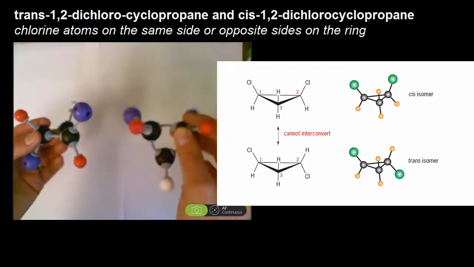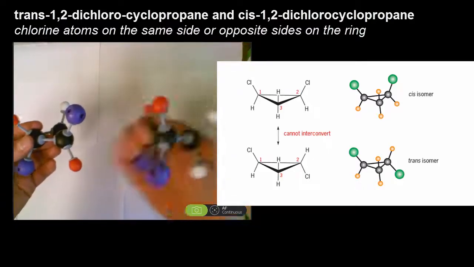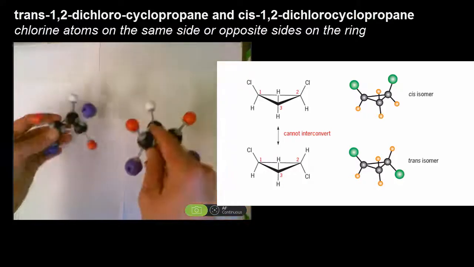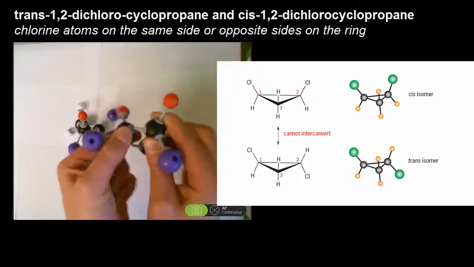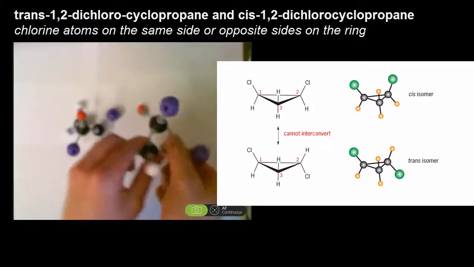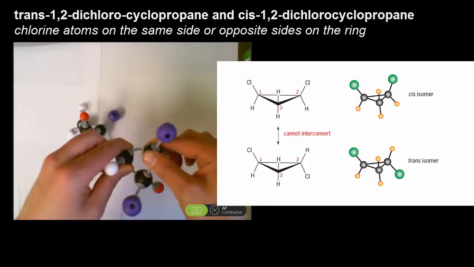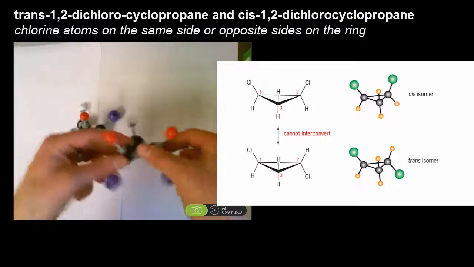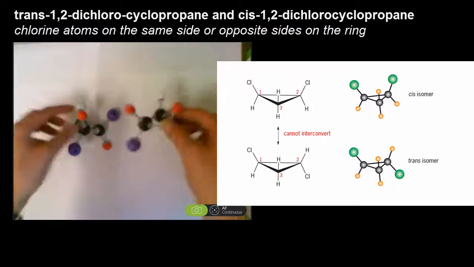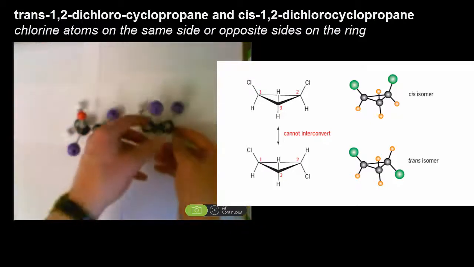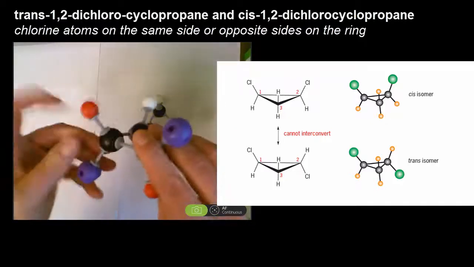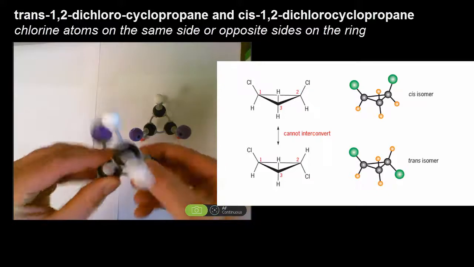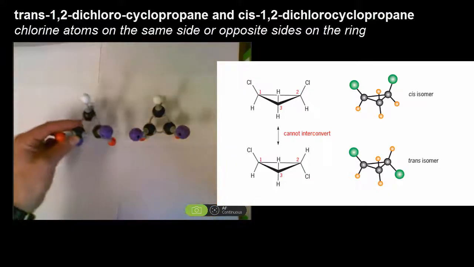Because of the presence of the ring, there's no pi bond here, but the ring doesn't allow me to twist and rearrange this molecule such that I can change the trans model into the cis or vice versa. So the presence of the ring has the same effect as a pi bond did in the but-2-ene example. These two molecules will display different physical properties, as all of these isomers will.